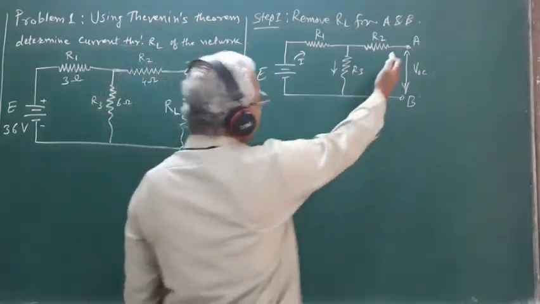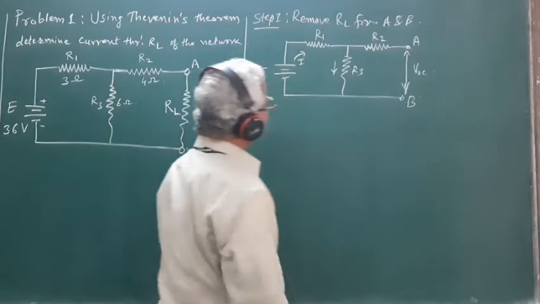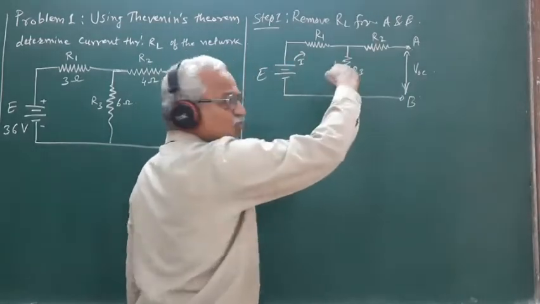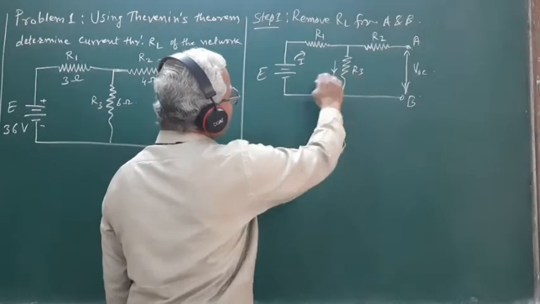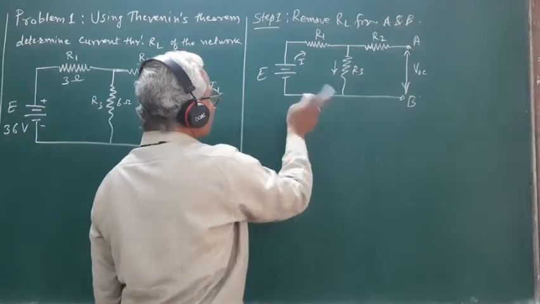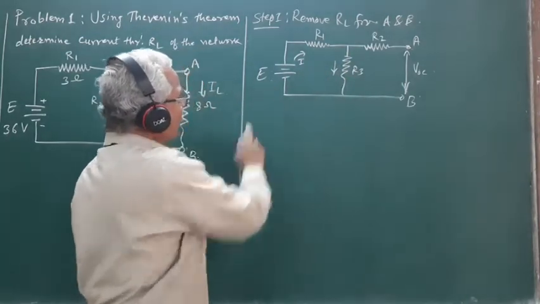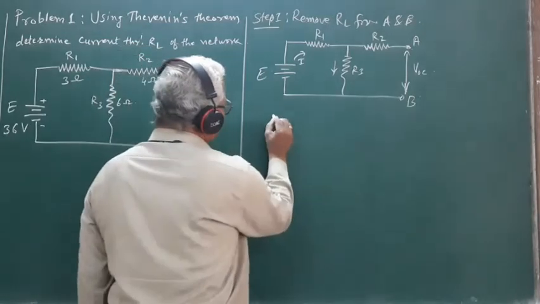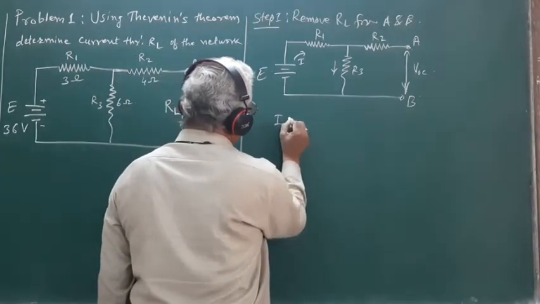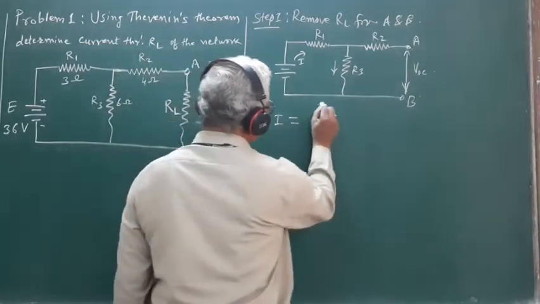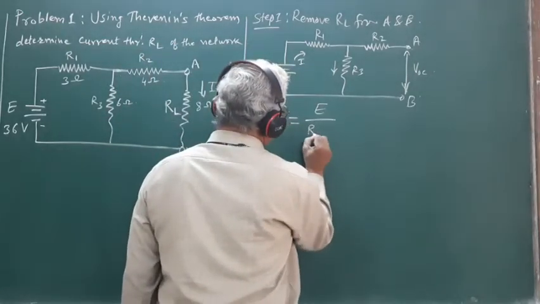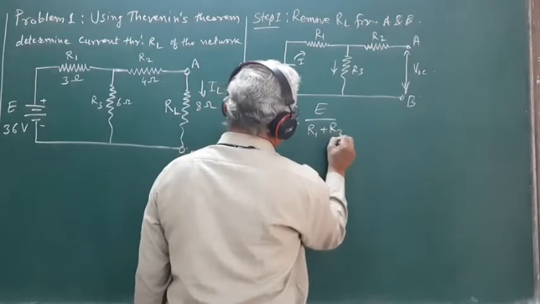When the terminals A and B are open circuited, resistance R2 goes out of the circuit and only R1 and R3 remain in series connected across the source of EMF E, so that the current I drawn from the source is equal to E upon R1 plus R3.